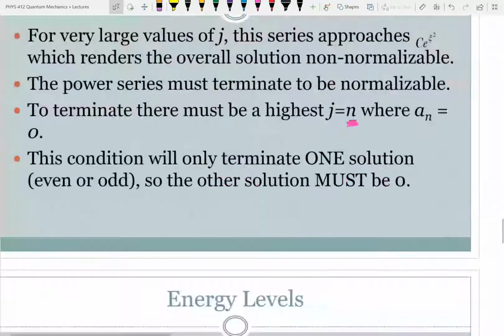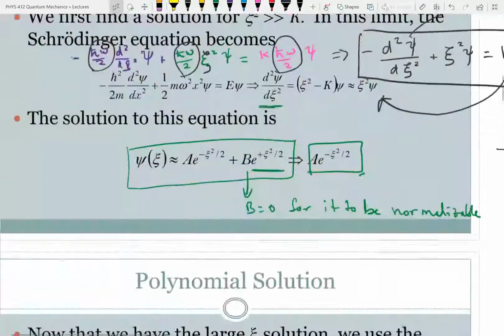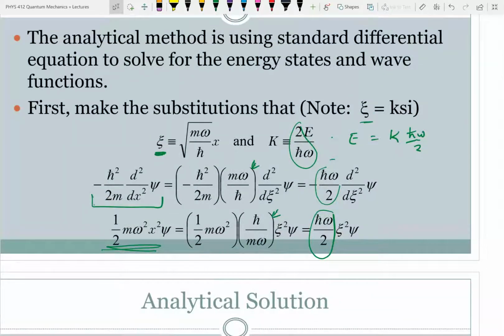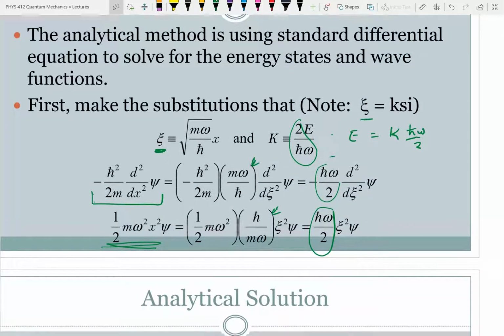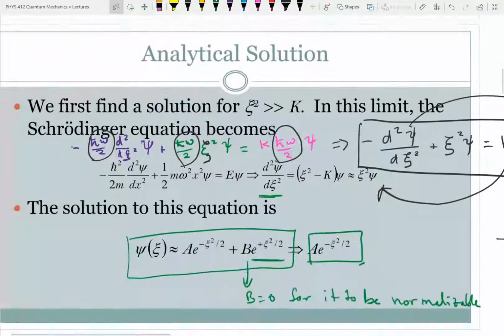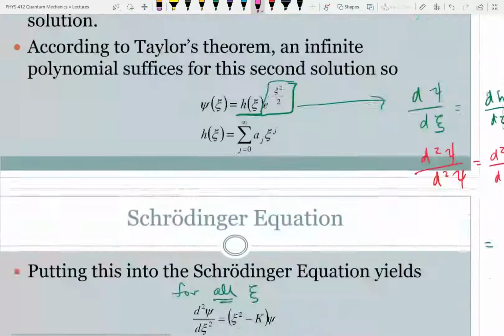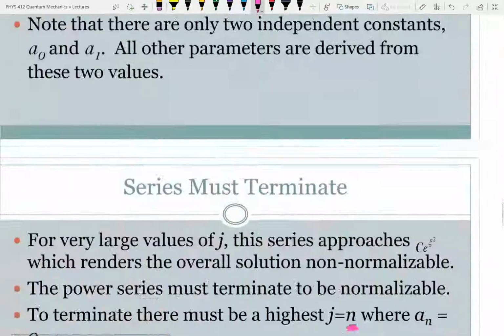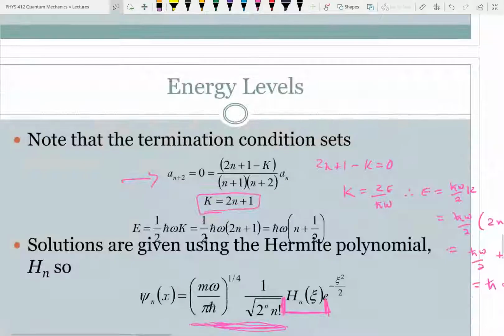Right, we go all the way back to the first slide here, where we defined K as 2E over h bar omega, so that our Schrodinger equation would come to be this very simple form. Okay. So the reason for K was to make a simple Schrodinger equation. Then when we found the value for K, we were able to take that definition and back out to find the energy states.